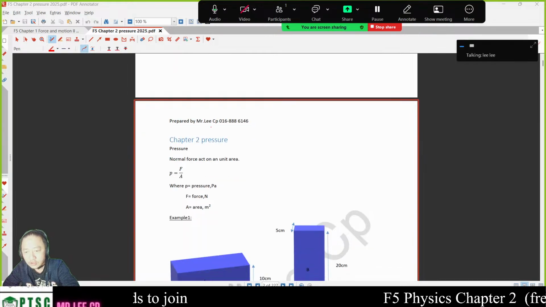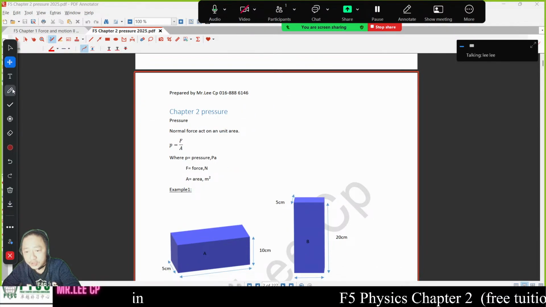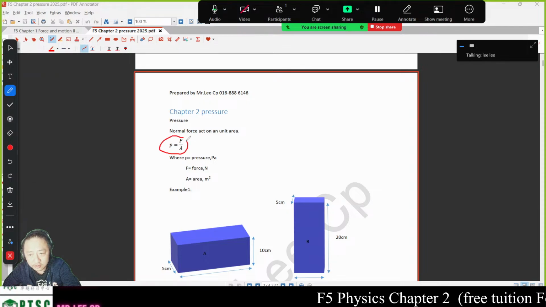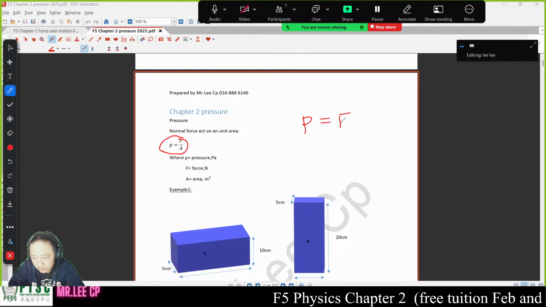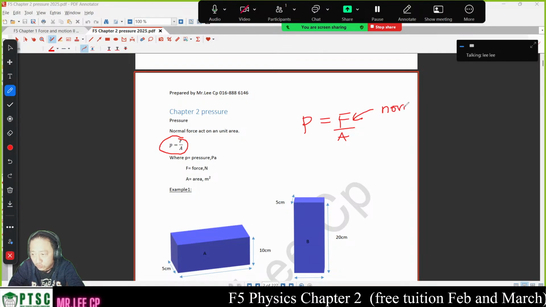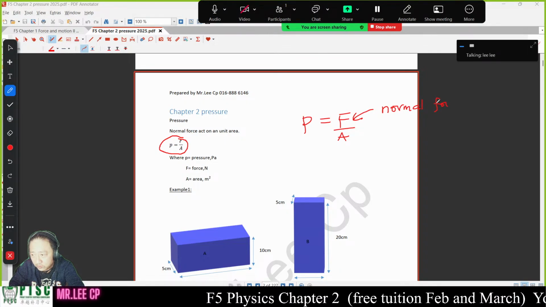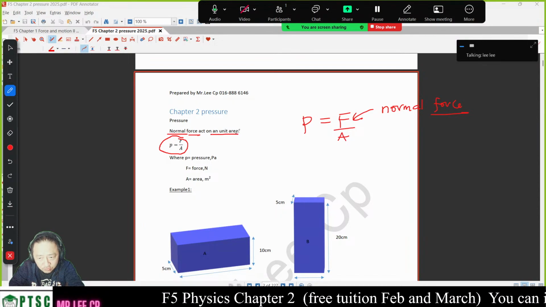So we straight away go for pressure. The formula is pressure equals F over A. So this one has to be normal force, right? Cannot be just force. So normal force acts on the unit area.